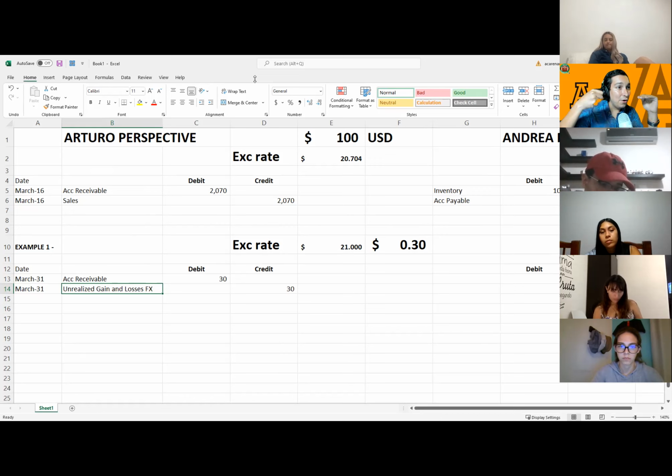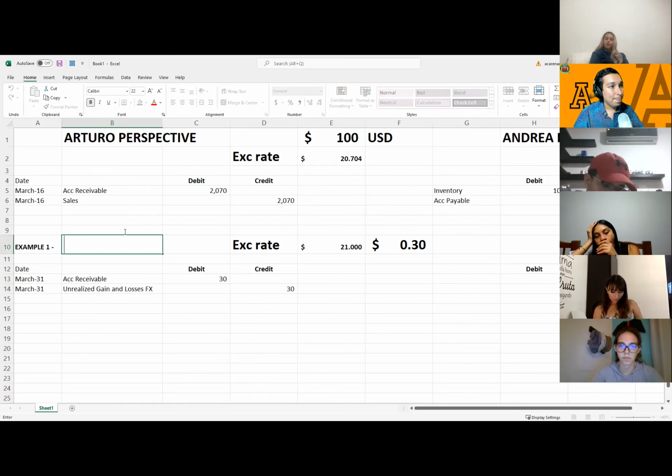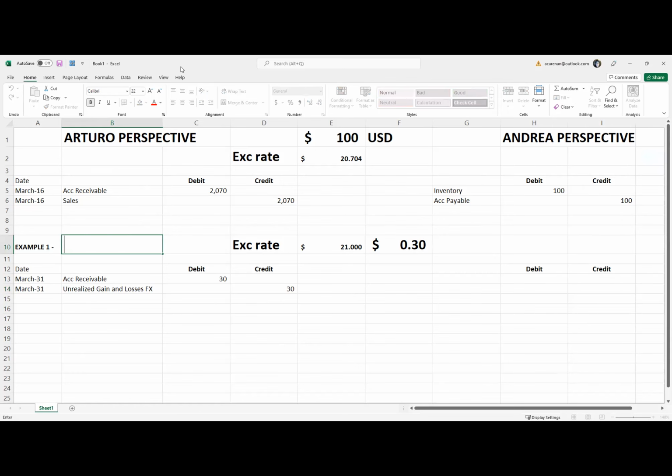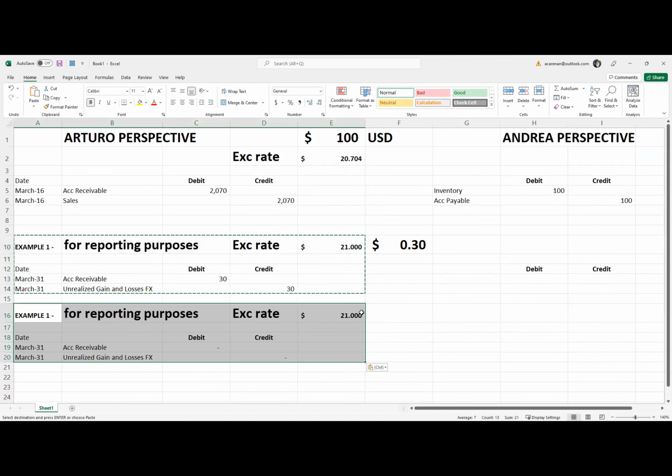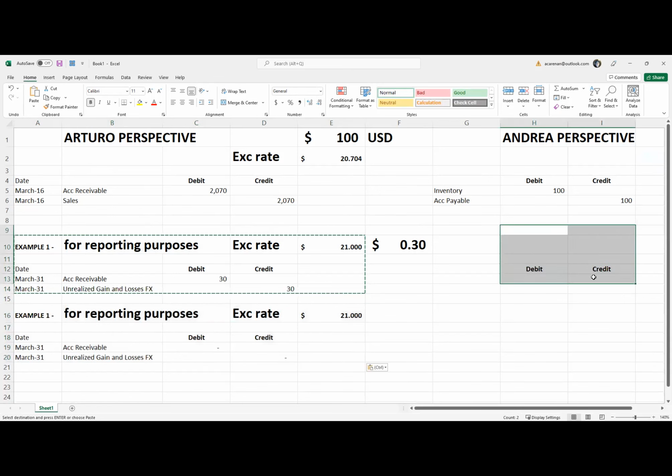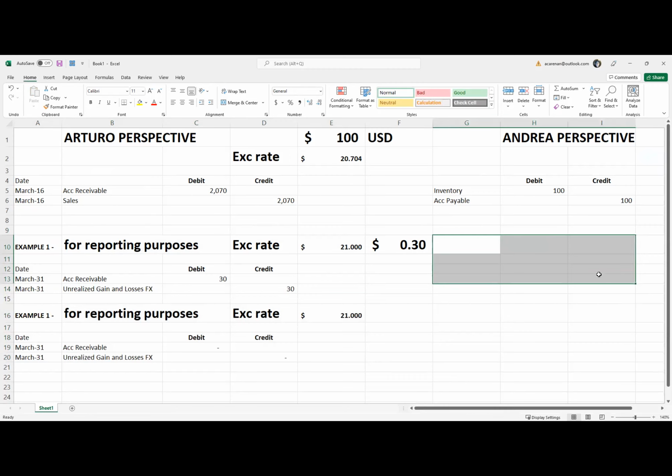That's why it's an unrealized gain in this case, or loss. This is for reporting purposes. Example number 2 for reporting purposes. Does Andrea have to do anything? She doesn't have to do anything. Nothing.